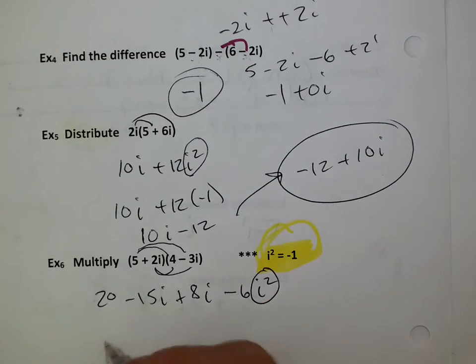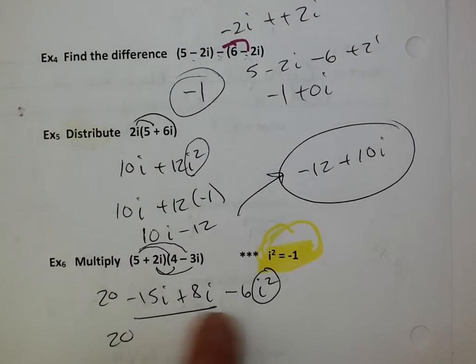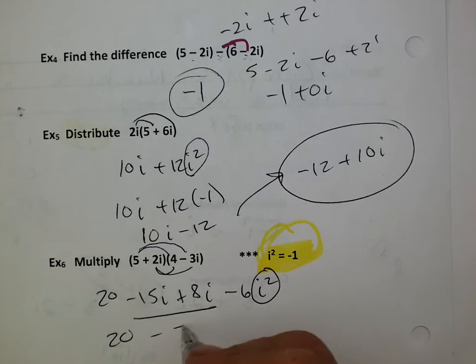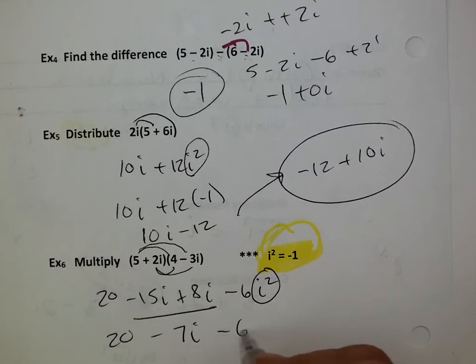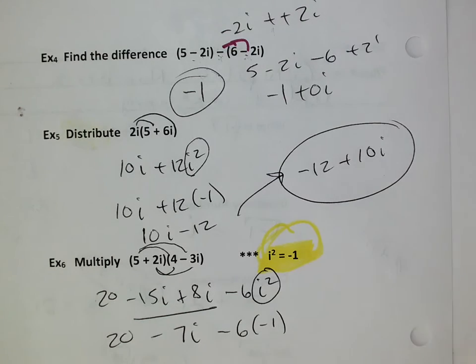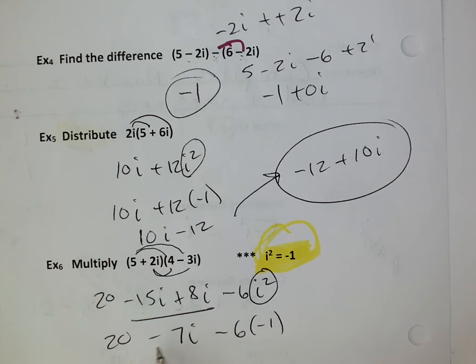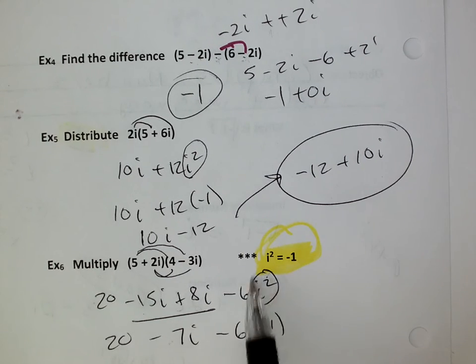So I've got a 20. These two can be put together. They're both imaginary. Negative 7i minus 6 times negative 1. Okay, so I did two things. I combined negative 15i and 8i to make a negative 7i, and then I made the i squared into a negative 1.